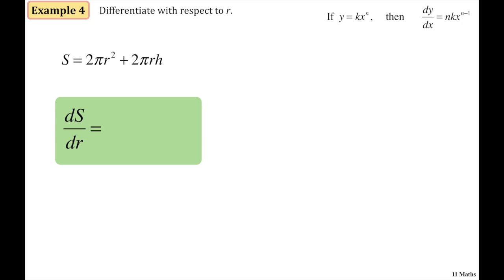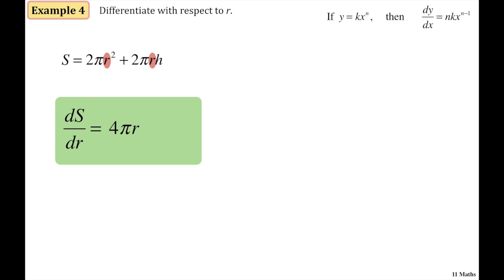Let's have a look at the question now. Remember, we're looking with respect to the letter r. So let's look at the powers above the r's. Power above that r is a 2. So the 2 gets multiplied out the front. 2 times 2 is 4, so we'll get 4 pi r to the power of 1 because we decrease the power. So we get 4 times pi r.